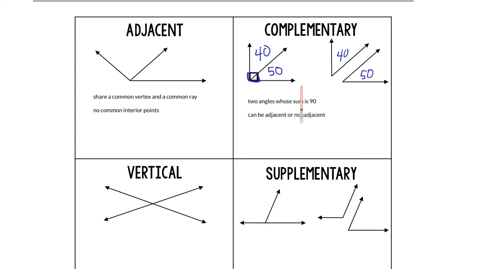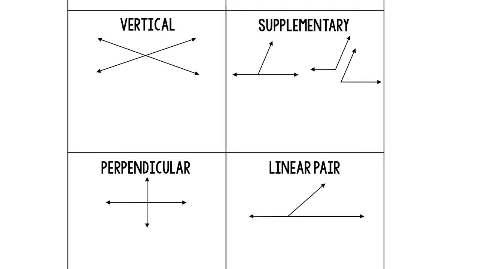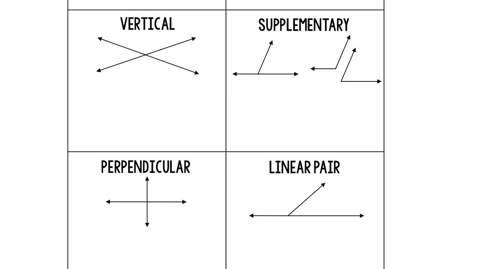All righty. Moving on, vertical angles. Let's get a little text going here so somebody can read my handwriting. These are non-adjacent angles formed by intersecting lines.